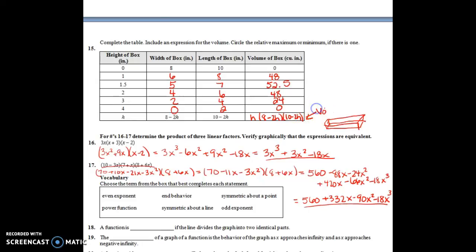So this represents the volume. This represents the max according to the table. You would graph this volume in your calculator and use your maximum feature to find the maximum volume overall.